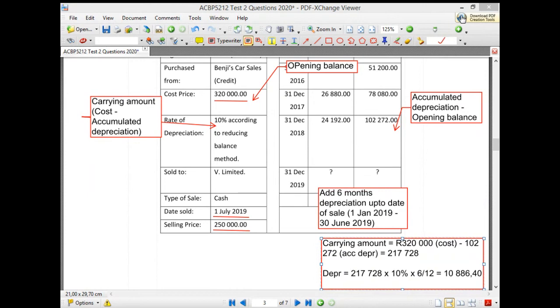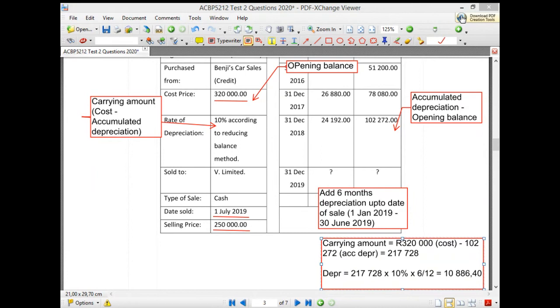Okay, so now the next step is we are disposing of that asset. So when we dispose of an asset, there are 4 steps we have to follow when we do the asset disposal account. So the first step is we take the original cost of the vehicle that we've sold and we take it out of our vehicles account.